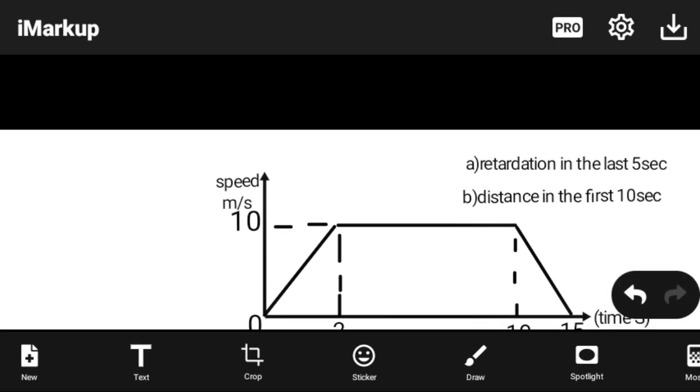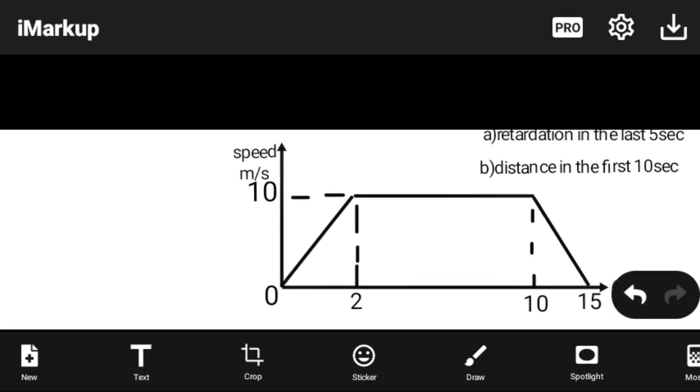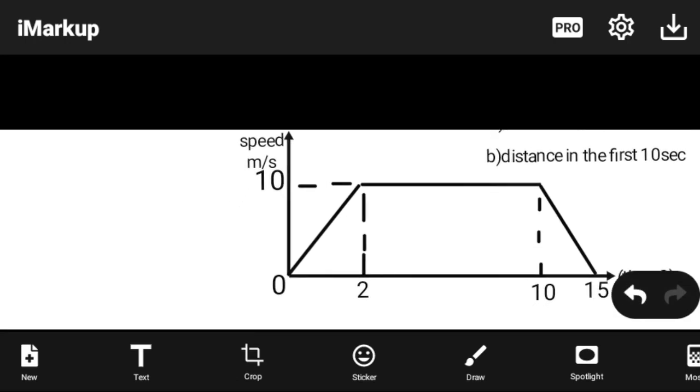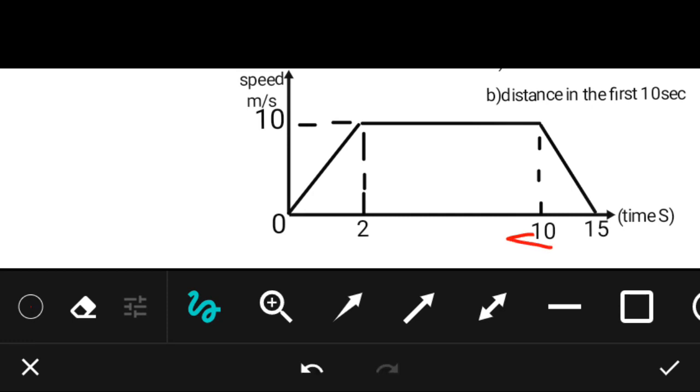So the next question is the distance in the first 10 seconds. Where we have the first 10 seconds is here, so we need to find the distance in that first 10 seconds.